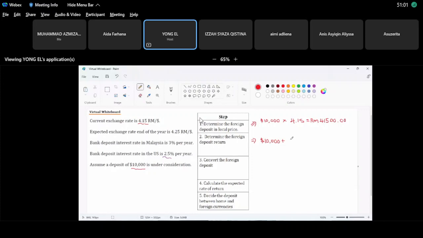Your principal money. Maybe I just write here. This is the principal amount plus the interest rate return, which equals 10,000 times 2.5%, like this.